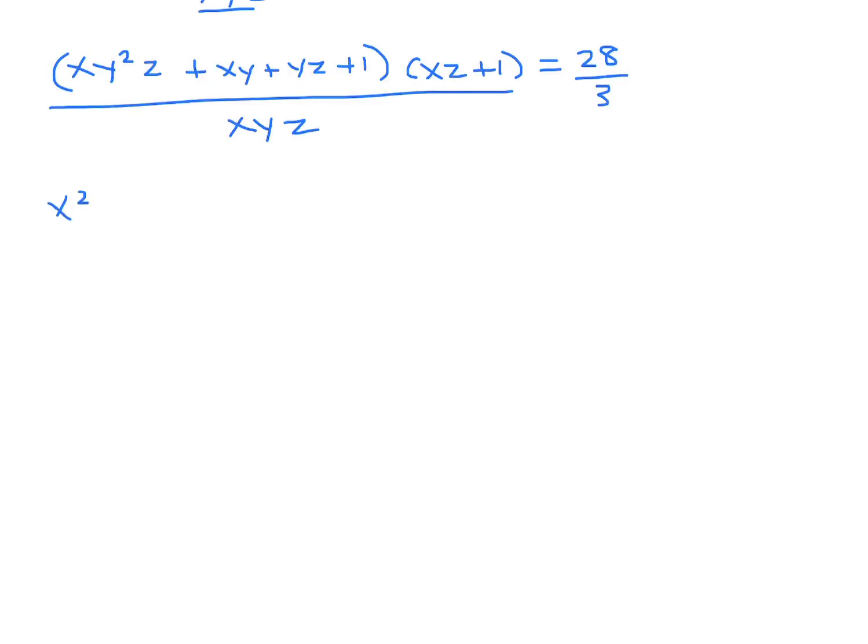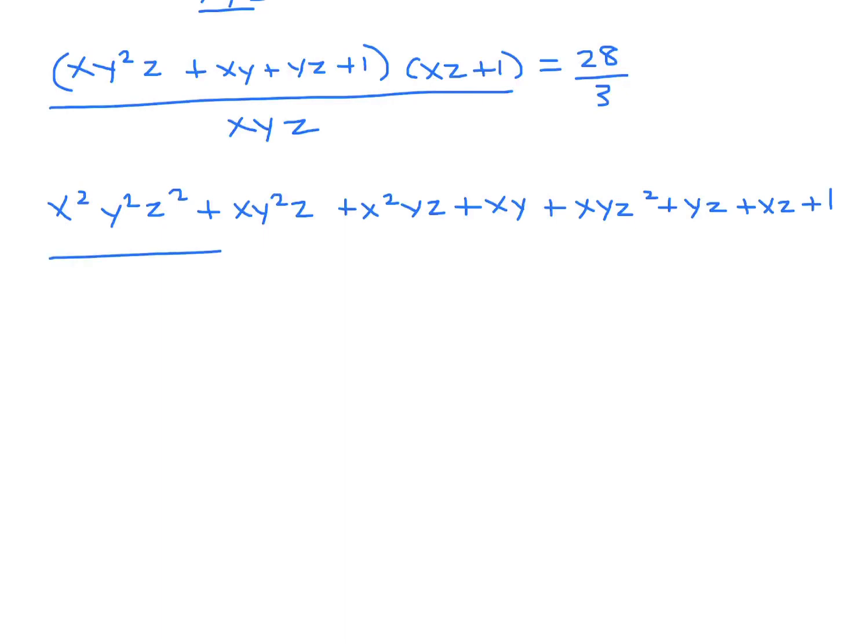We've got x squared y squared z squared plus xy squared z plus x squared yz plus xy plus xyz squared plus yz plus xz plus 1. And this is all over xyz, and it equals 28 over 3.